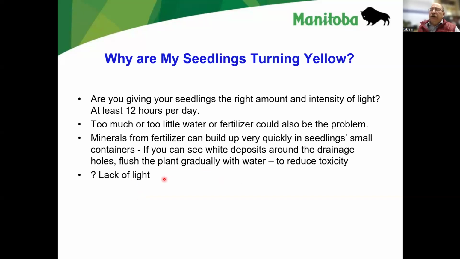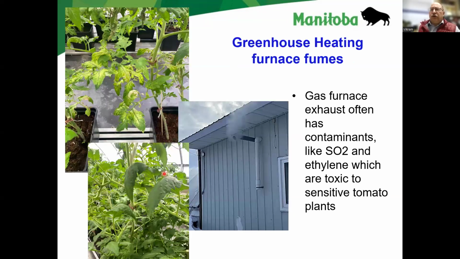Sometimes the yellowing could be just the lack of good light. So it's very important that in the cloudy days of our winters, we provide enough supplementary light as well. Now, there's another problem that shows up in the greenhouses, that your leaves are turning yellow.